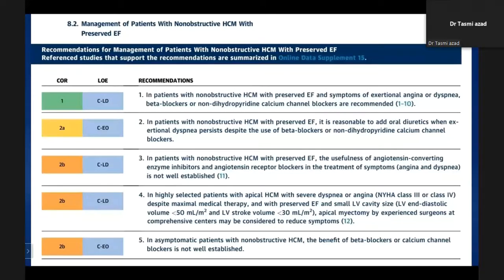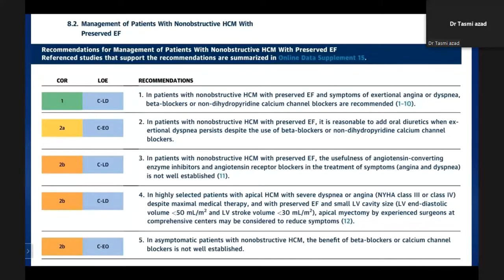And in case of non-obstructive hypertrophic cardiomyopathy with preserved ejection fraction, in comparison to heart failure patients, where we choose ejection fraction less than 40% as reduced, in hypertrophic cardiomyopathy we remember that ejection fraction less than 50% is reduced.